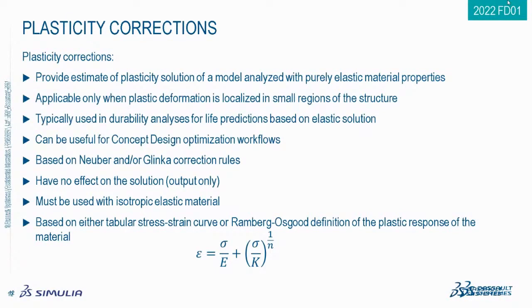Based on the so-called Neuber or Glinka corrections, and I'll describe those in a moment, there's no effect on the solution since this is strictly an output variable. And a couple of other restrictions or limitations are listed there: isotropic materials only, and we have to have some tabular plasticity curve in order to evaluate these corrections.